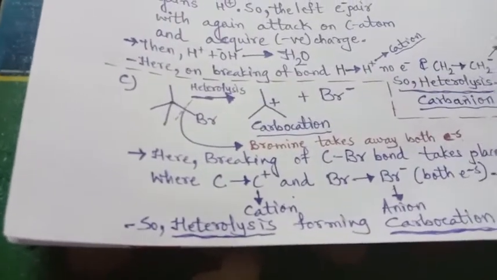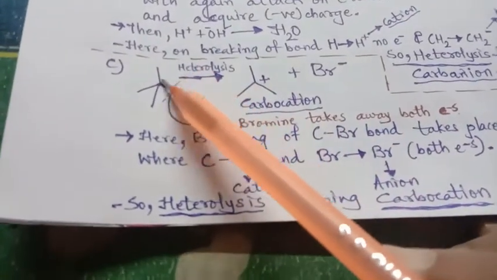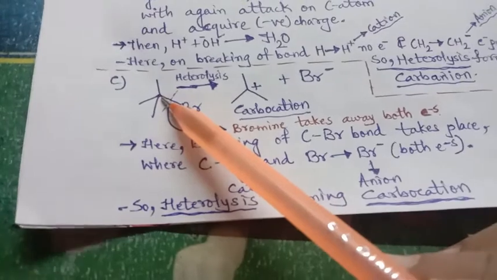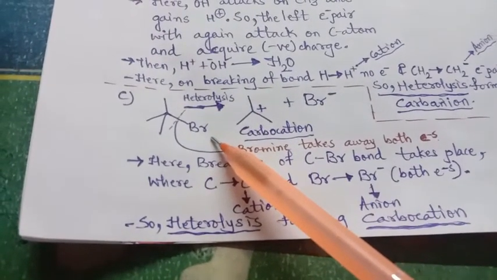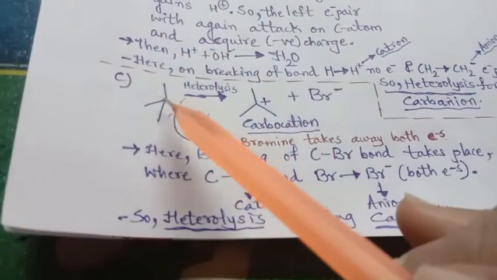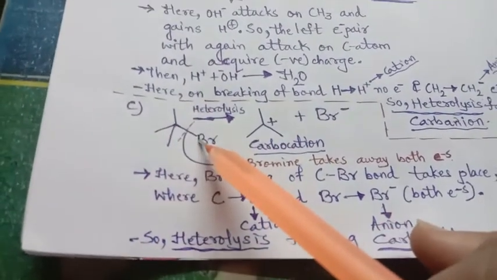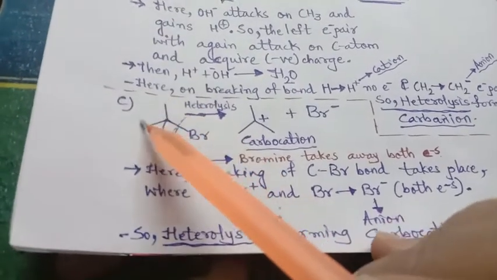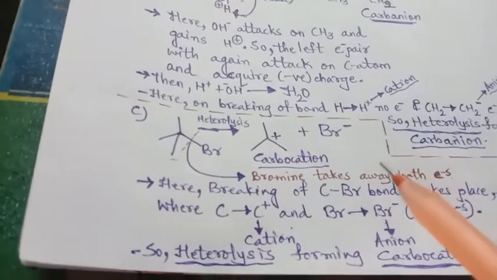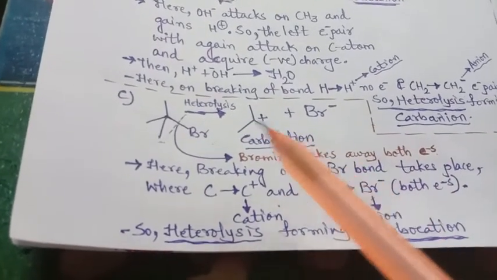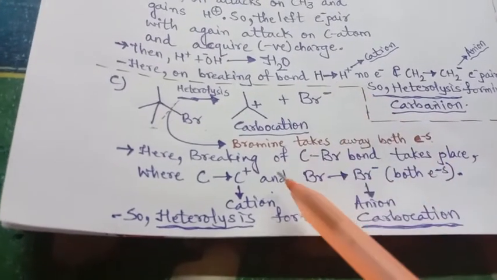The next is the C example. Here you can see that it is CBr. Right? If we see here, then what is this? CH3, CH3, CH3 and it is Br. All three terminals are CH3 and on this carbon it is Br. So what happens over here? You see here Br minus is shown.